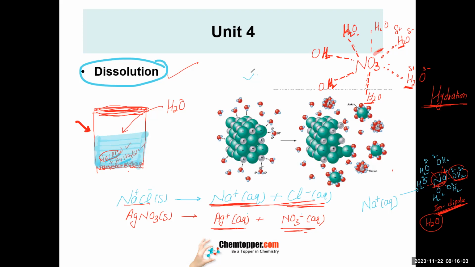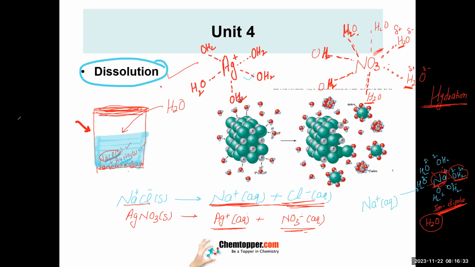If it is Ag plus, let's draw Ag plus to be more clear. We all are making Ag plus. So with the Ag plus, who will come first? Oxygen. It's like this, because oxygen has negative charge, right? This is called dissolution, hydration, like this.